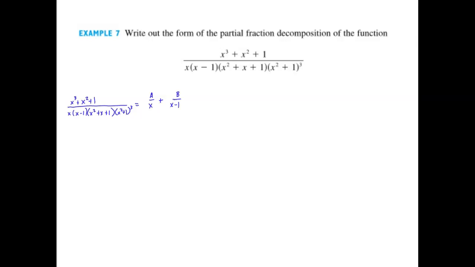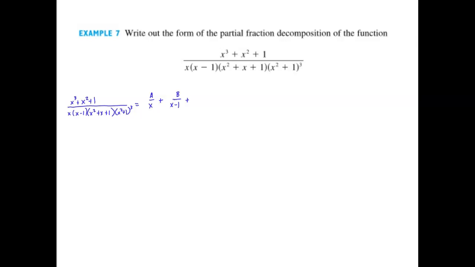All right, someone new. What's the next one? My next partial fraction is now an irreducible quadratic. It's going to be A2x plus B2 over x squared plus x plus 1.